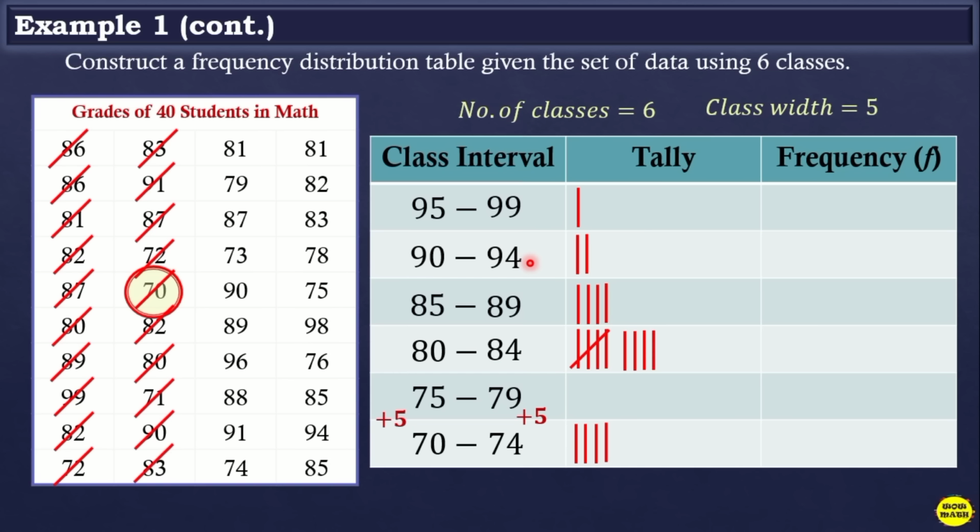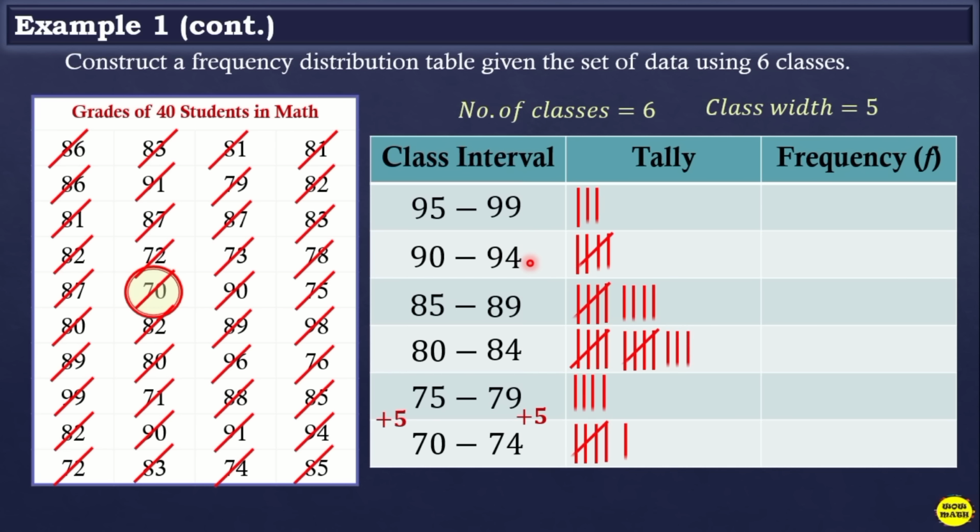Okay, so the others, here they are. Okay, so let us count. Like I said, when you reach 5, you can box it, okay? So it's easier for us to count. So, we have 6, 4, 13, 9, 5, and 3.